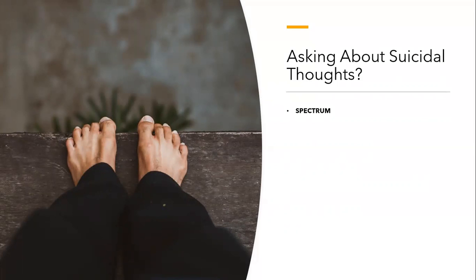On the other end of the spectrum, there may be someone with suicidal thoughts that have been worsening, that are really intense and present all the time. There may be real intent to act on those suicidal thoughts and a real desire for suicide. They may be ambivalent about life and death.